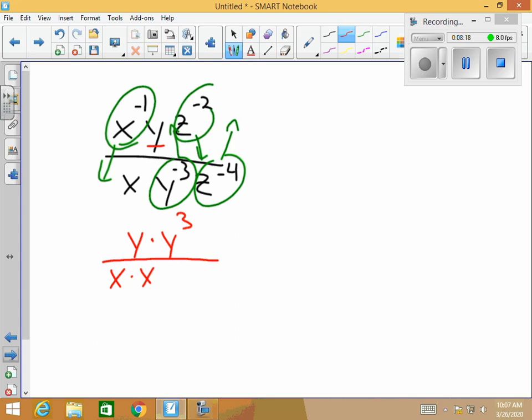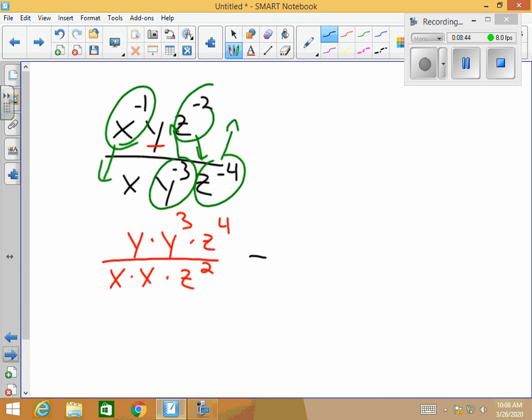Now my z to the -2 and z to the -4 both switch. Down on the bottom, when my z to the -2 comes across that fractional bar, it becomes positive. And my z to the -4, when it comes up across that fractional bar, becomes positive. Now I'm right back in my negative exponent rule.